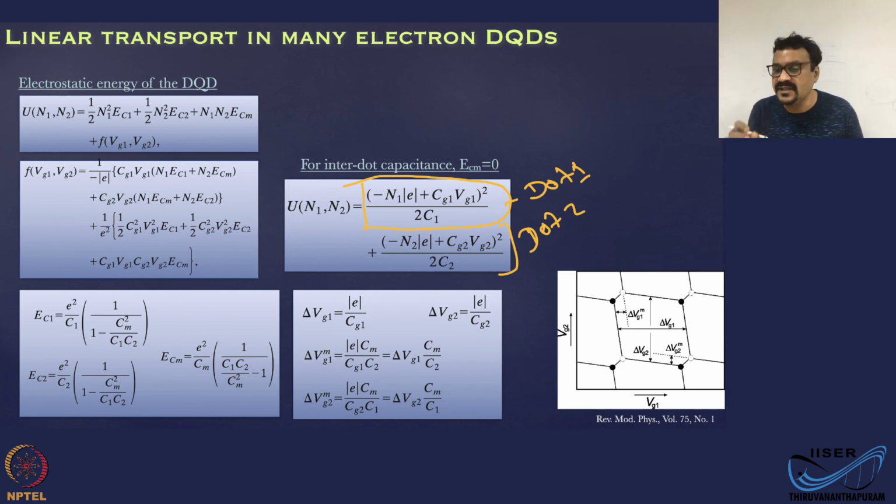So this is the touchstone signature that you need to show. You need to look in the transport of a double dot system. Without this, it is not clear whether you have a double dot system or not. So this is probably the first and maybe the most fundamental measurement that one would be doing using a double dot system. All right.